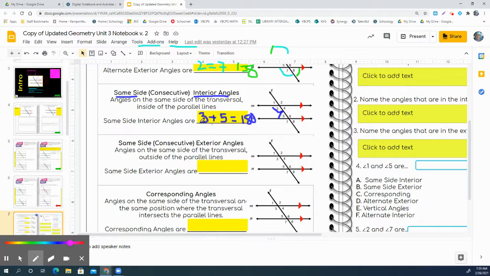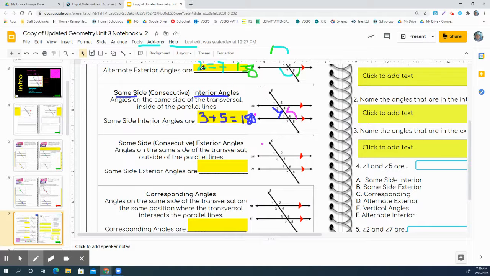And hopefully everybody's writing these in the boxes. What's the other pair of interior angles that are on the same side of the transversal? So 4 and 6, 100%. And this is 180. So angle 3 plus angle 5 is going to give you 180 degrees.